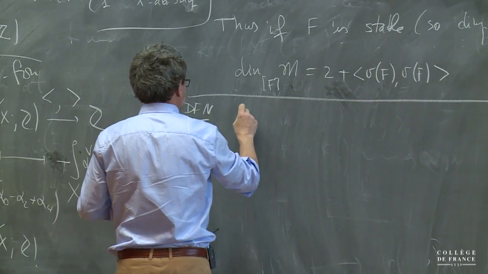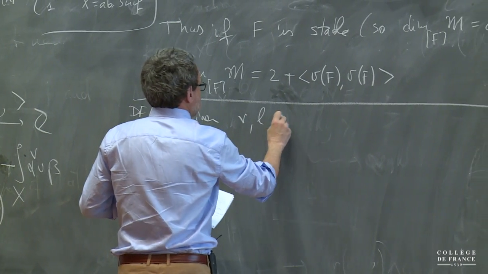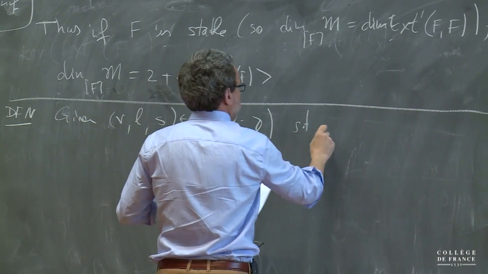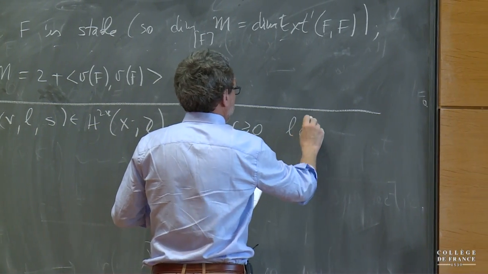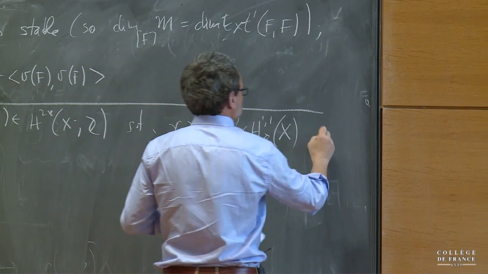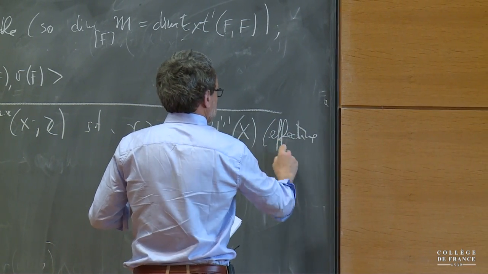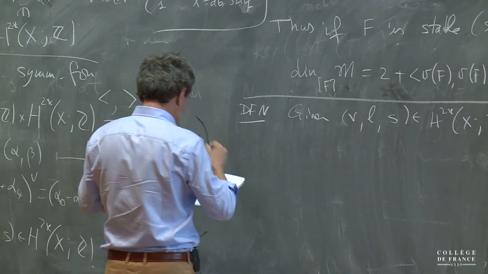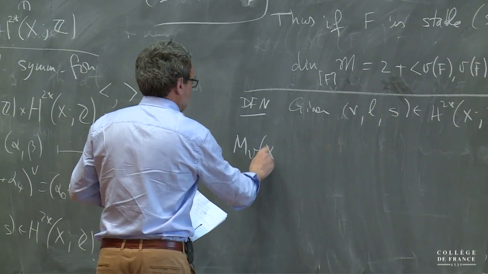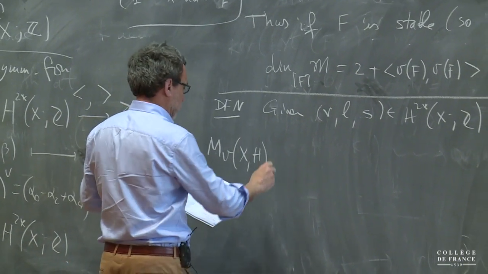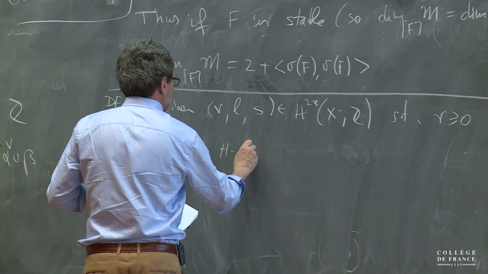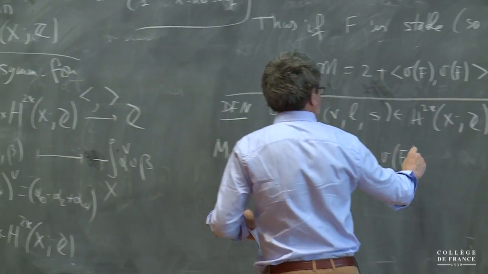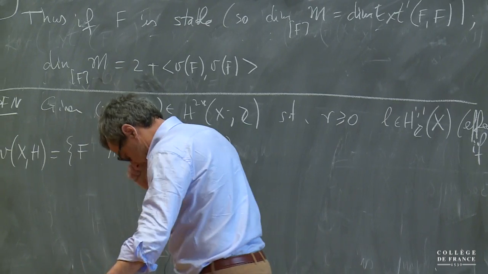We take f, semi-stable with respect to h, maybe we drop the h if it's not necessary, such that the Mukai vector of f is equal to this given Mukai vector.